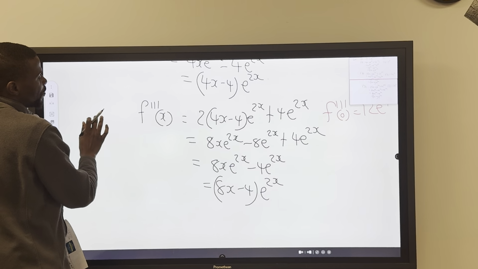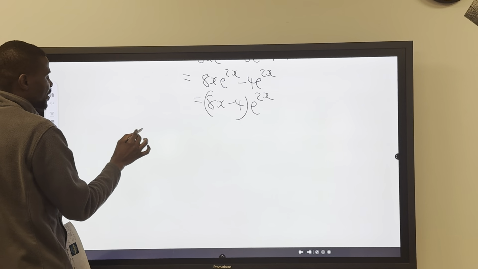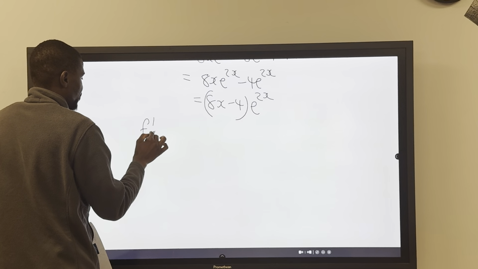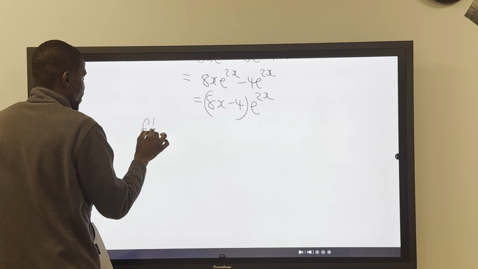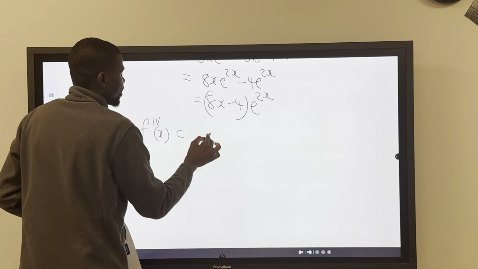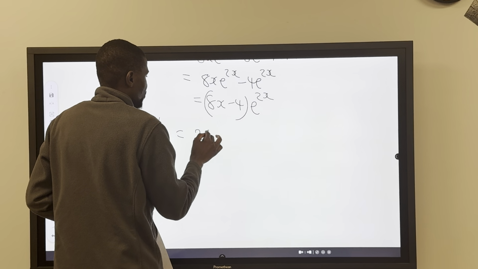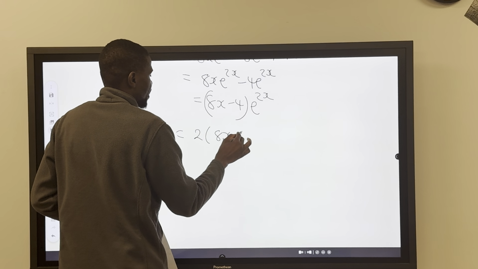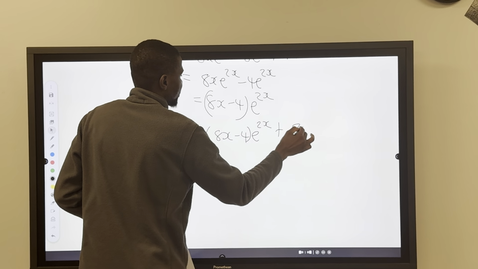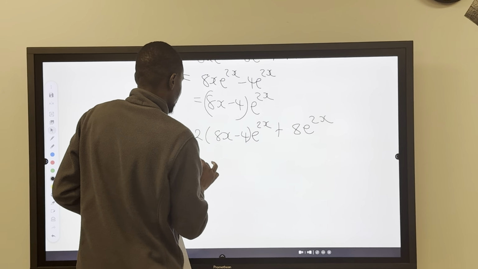Now, let's move on to the fourth derivative, f prime 4. We're going to do the same thing. It's going to be (8x minus 4) e to the 2x plus 8 e to the 2x.